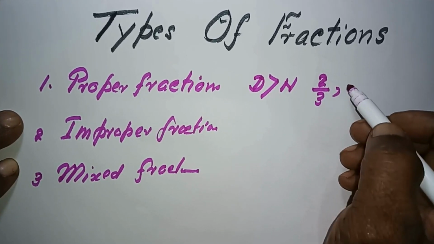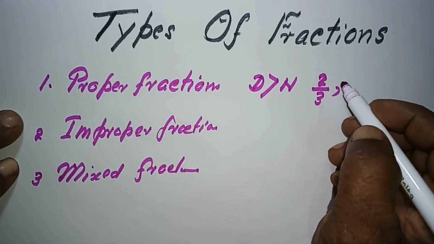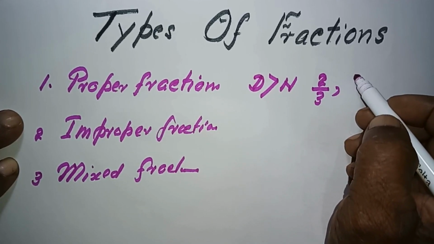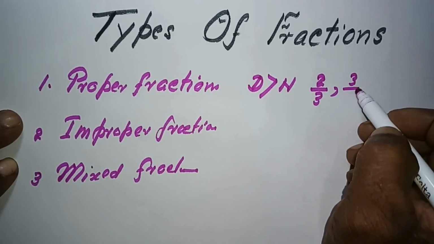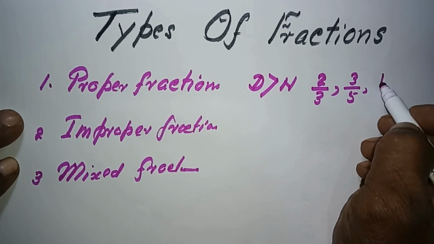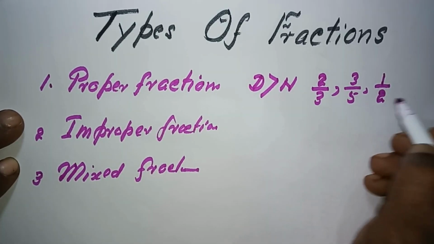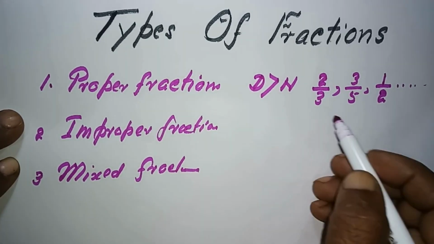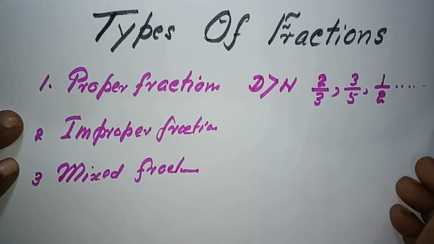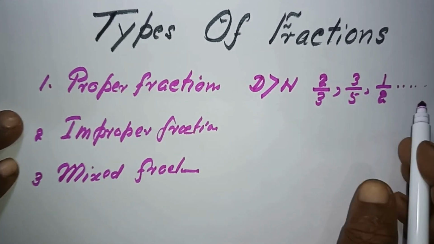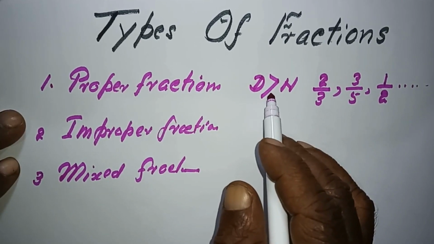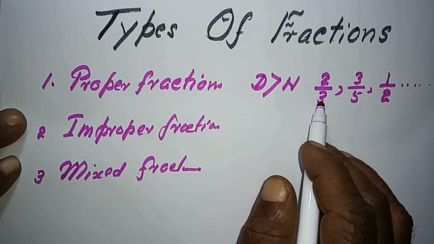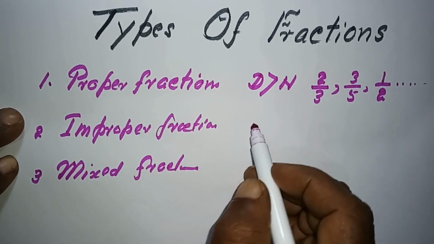So we can give any amount of examples. Now, if you take, say, 3 over 5, 1 over half, you can give any amount of examples for proper fractions. The only thing, the denominator must be greater than the numerator.